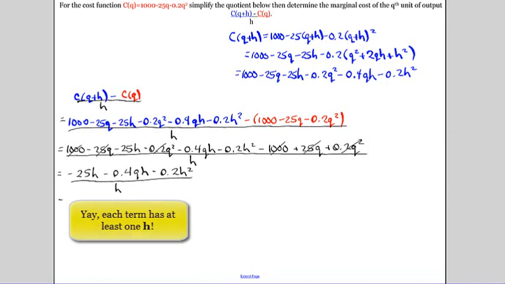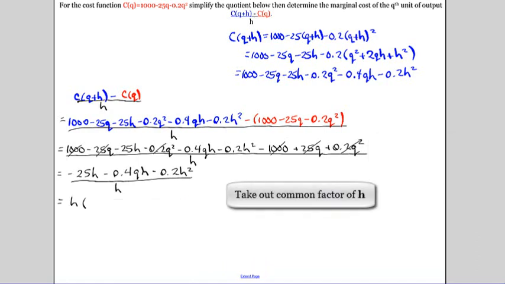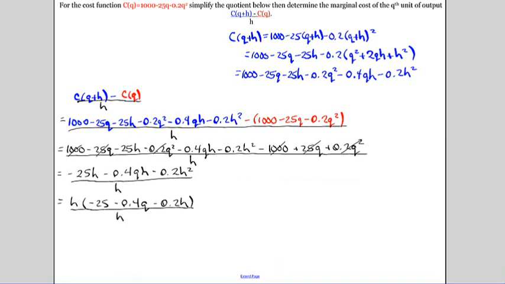In the numerator, let's factor out an h. So we can cross out the h in the numerator with the h in the denominator.